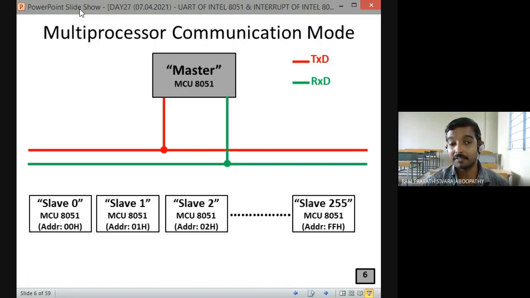So two lines. Apart from that, you must have a common ground. So that I didn't mention in the slide. You have to assume the master லேந்து எனக்கு ஒரு ground wire எல்லா slaveக்கும் போகும். Now my question is how you have to connect the slave to your master. TXD pin of master should be connected to where? To the slave. Master transmit பண்ணா slave தானே receive பண்ணணும். So the transmission pin of master must be connected to where?